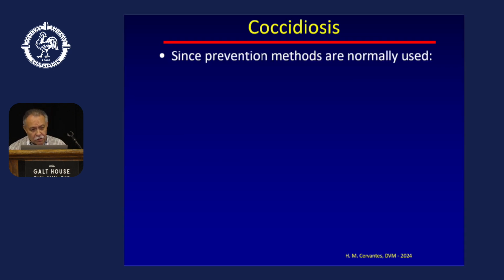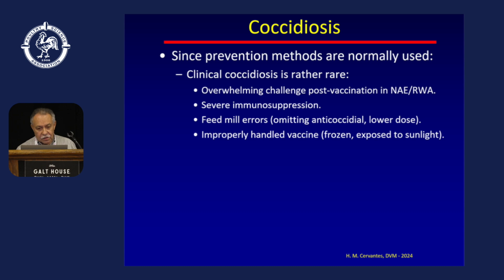Since we use methods to prevent coccidiosis normally in commercially raised poultry, clinical coccidiosis is rather rare, except when we have overwhelming challenge post-vaccination in NAE, or no antibiotics ever, or raised without antibiotics birds. It is usually something related to poor administration of the vaccine or poor cycling of the vaccine.